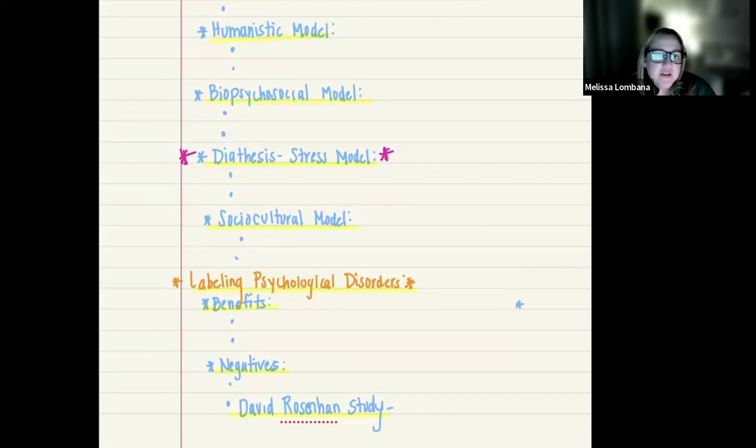Then you have the sociocultural model, and this one focuses on societal and cultural influences in the person's environment. There are a few components of it that I need you to write down. You have what's called the cultural syndrome.